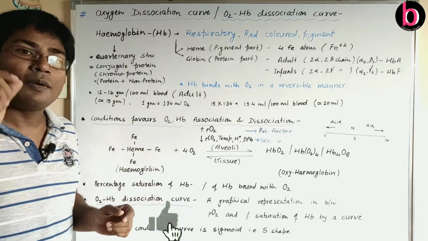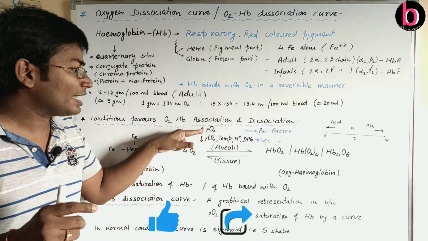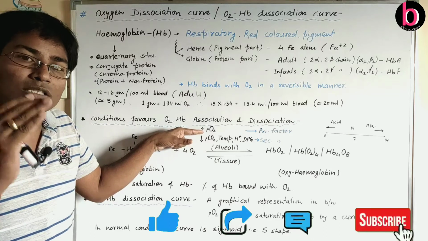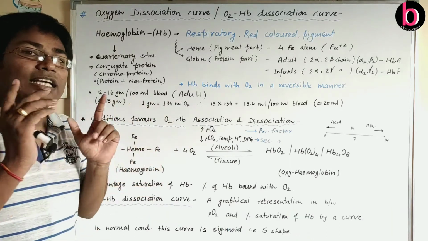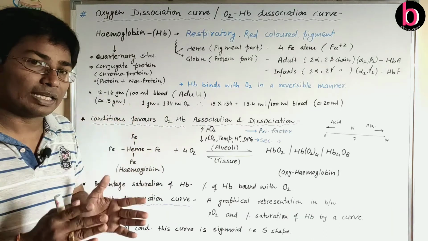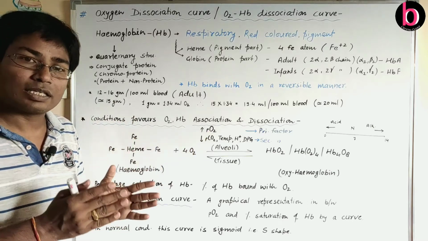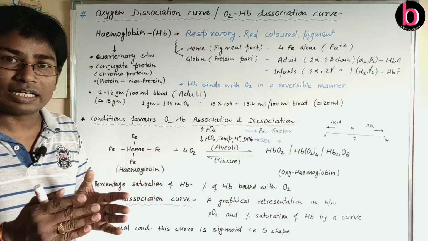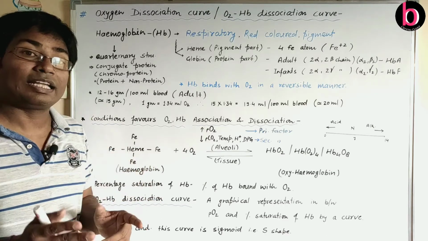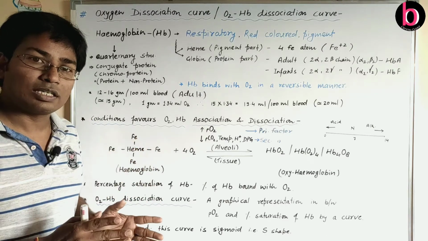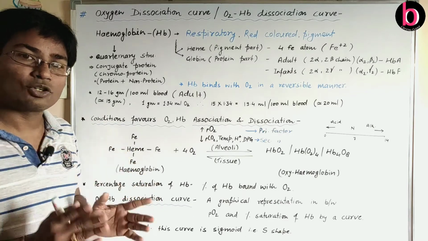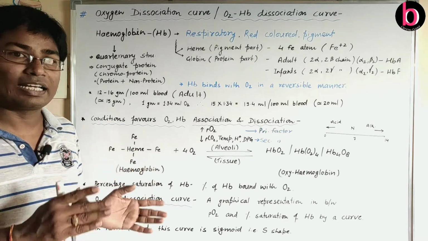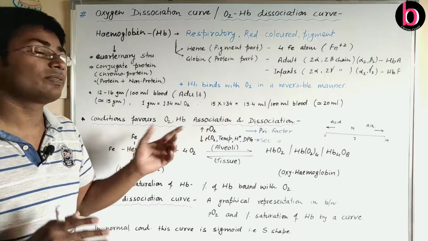Just for revision, partial pressure of oxygen is the individual pressure of oxygen created in the gaseous mixture of air. As we know, air is a mixture of various gases. In air there is nearly 20+% of oxygen, 0.04% of carbon dioxide, and nearly 79% of nitrogen.